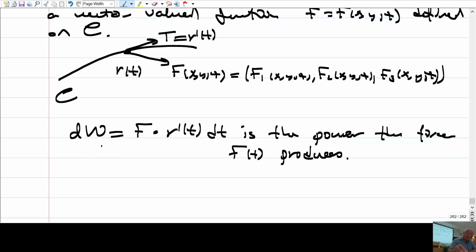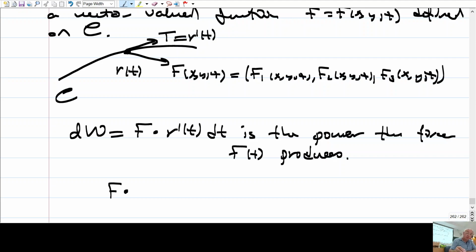Why is that? Because what is the work done? Work done is just F times the line segment the object travels, right?